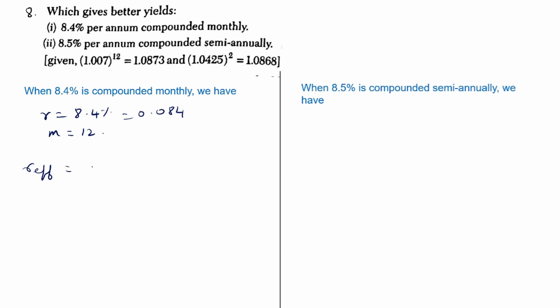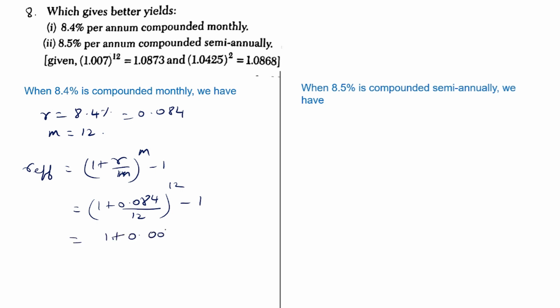R effective is equal to (1 plus R by M) the whole raised to M minus 1. So it is (1 plus 0.084 upon 12) the whole raised to 12 minus 1. This is nothing but (1 plus 0.007) the whole raised to 12 minus 1.